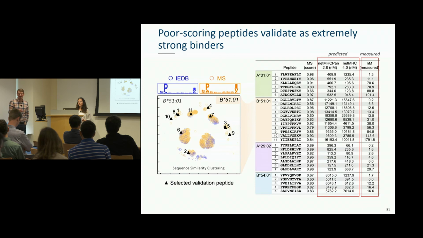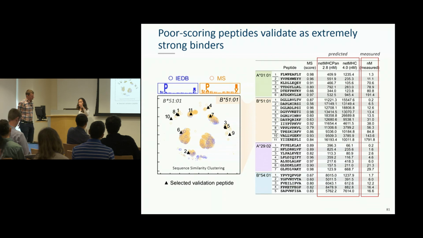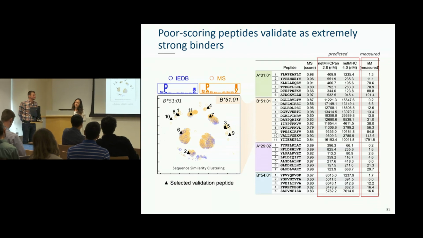It's not a sequence that NetMHC, trained on IEDB, expects to be a good binder. But what we show here is that if you take those and measure them, they are in fact very strong binders. So within one cluster, they're mostly going to be binders, not necessarily all with higher affinity, but yeah.